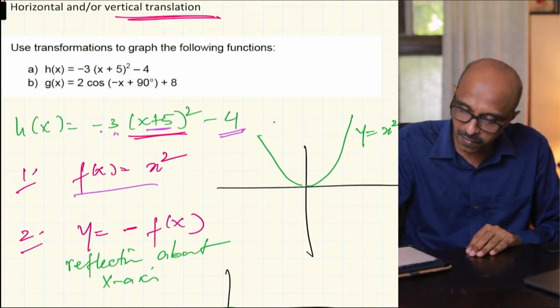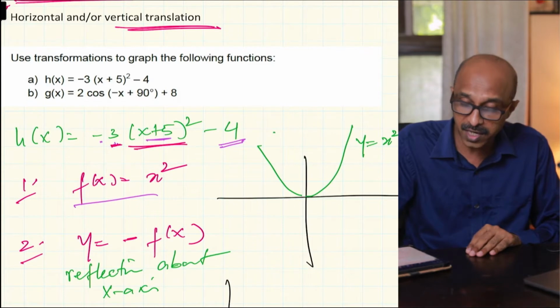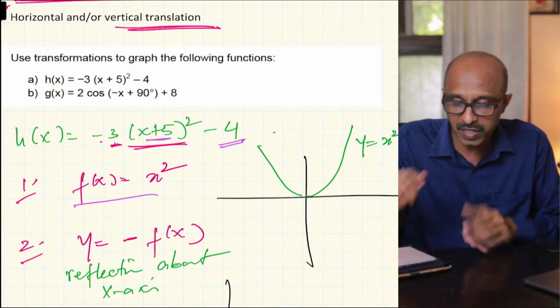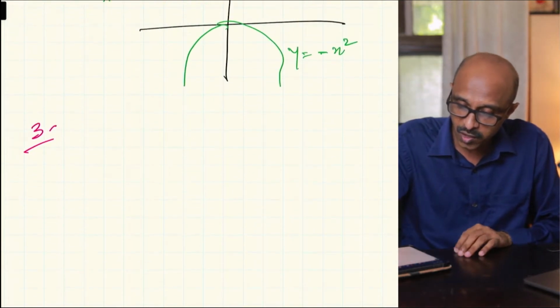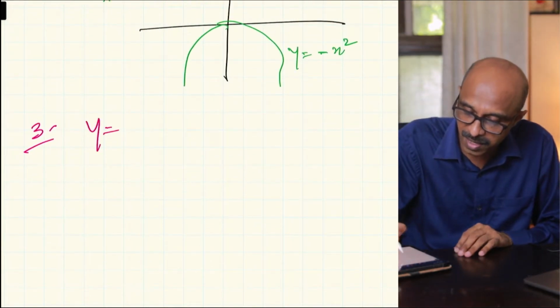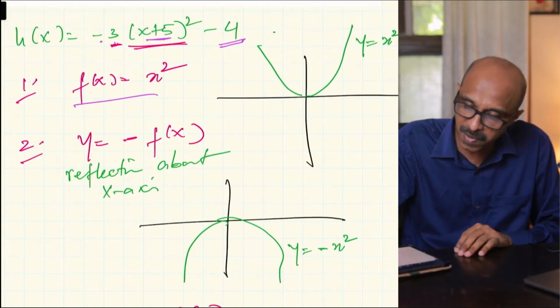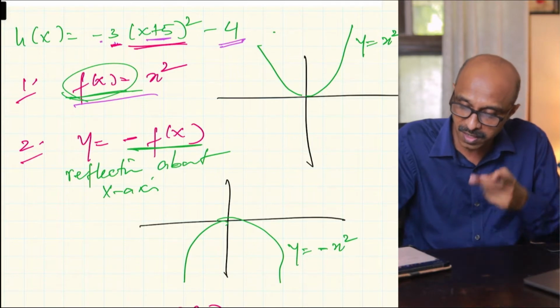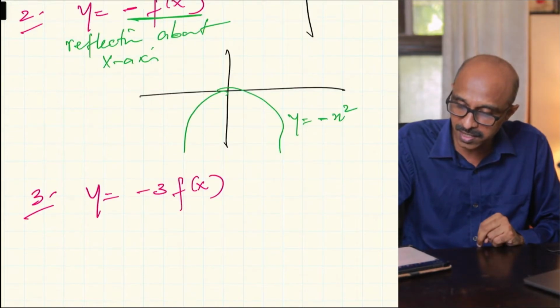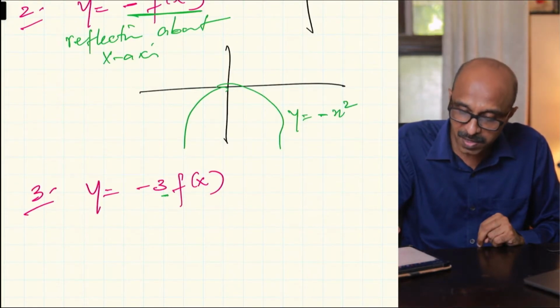The third thing to take care of is the stretch factor, and here we've got a vertical stretch of a factor of 3, along the y-axis. So we have the graph becoming -3 f of x. F of x was the parent function. The parent function got reflected about the x-axis, and now that 3, remember, it's not the -3.